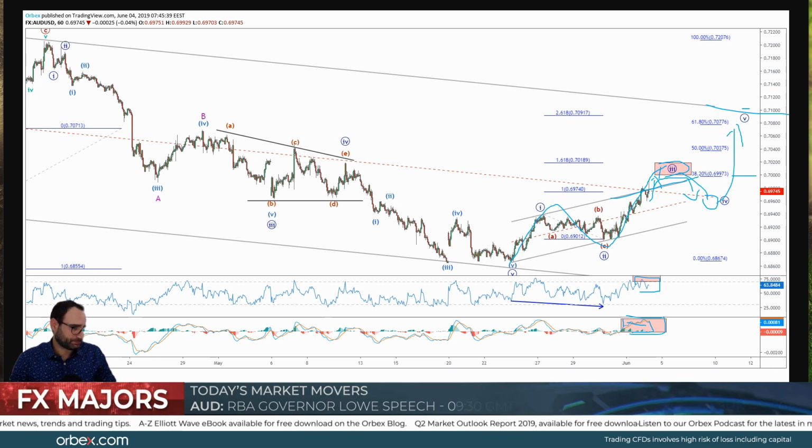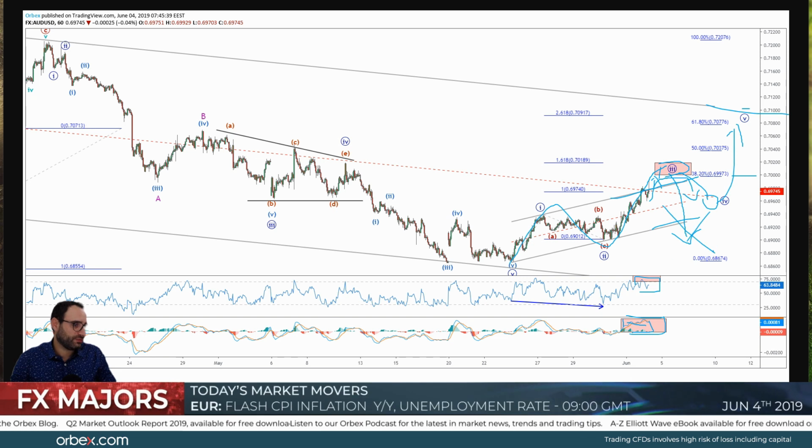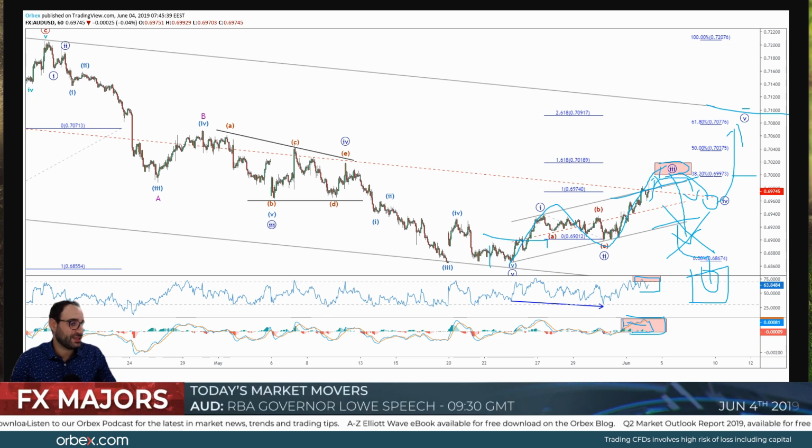If we break below this level, that would invalidate the whole scenario, and most likely we're going for another move to the downside before bulls start stepping in. But this could be the point of reversal everybody has been expecting since the end of last quarter.